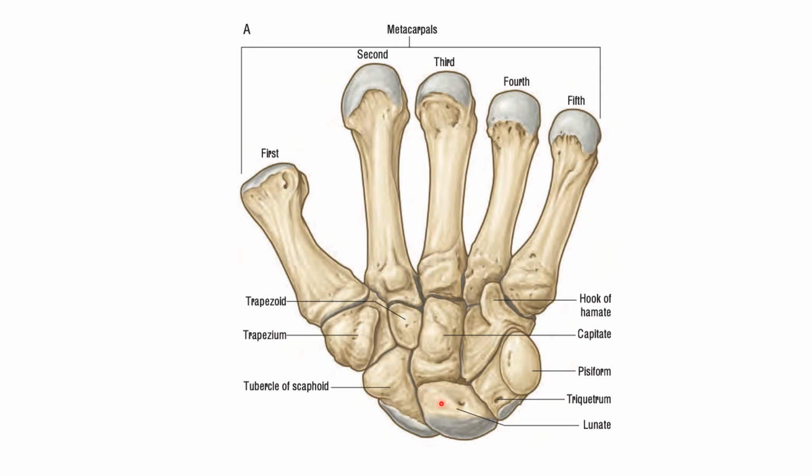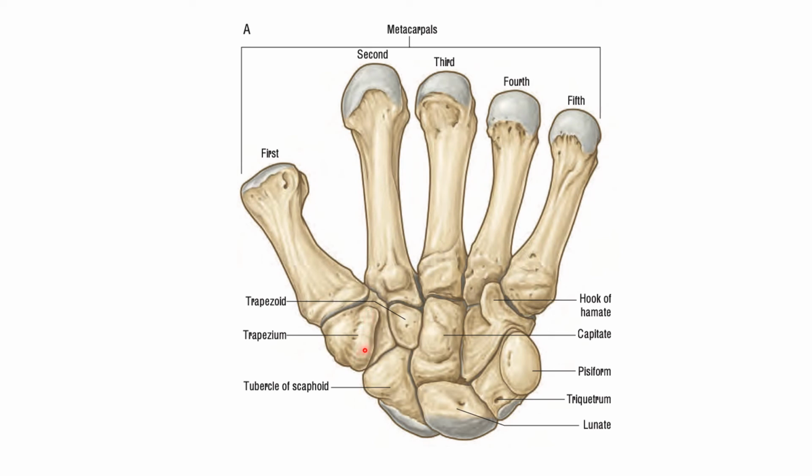Likewise, the medialmost bone in the proximal row, this is pisiform bone. The medialmost bone in the distal row, this is hamate, and over the hamate, this is called the hook of hamate. The lateralmost bone in the distal row, the first bone, is the trapezium, and over the trapezium, this is called the crest of trapezium and sometimes called the tubercle of trapezium.